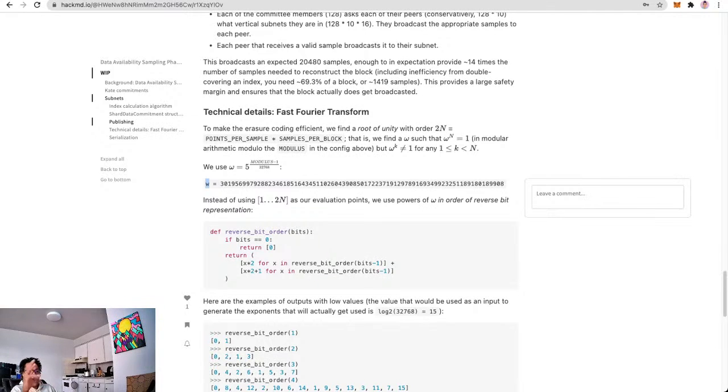So K is a positive number greater or equal to 1, okay, and less than n. But what's our n? Is n just the number of nodes? So n's the number of nodes, let's say, I think, okay.